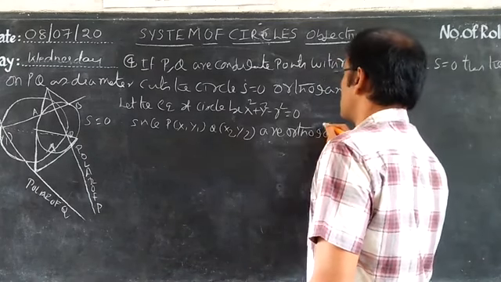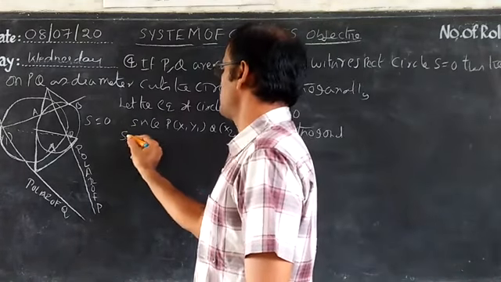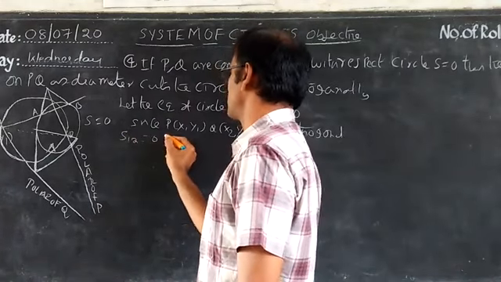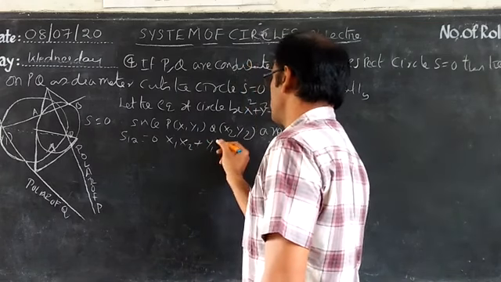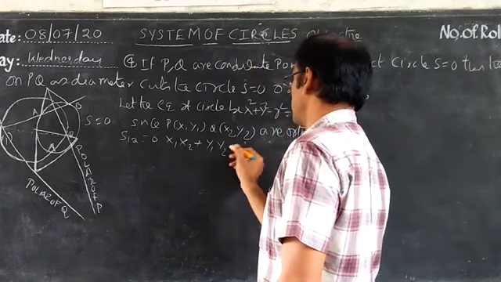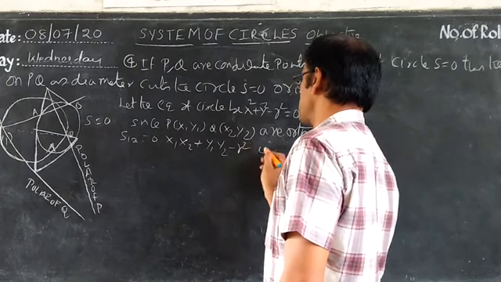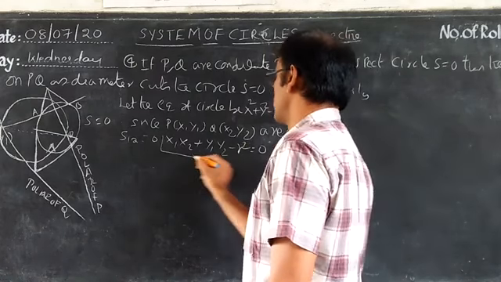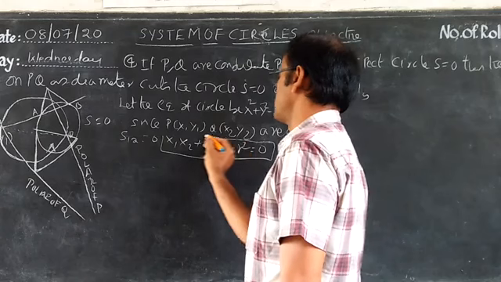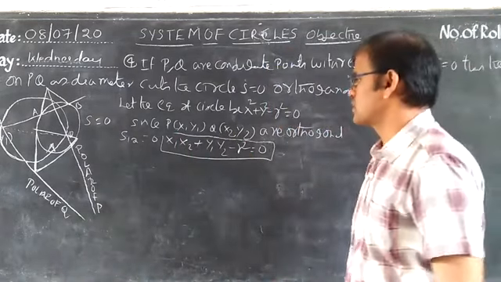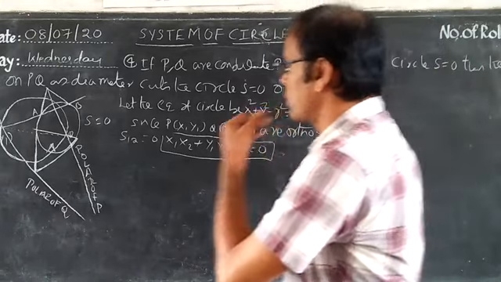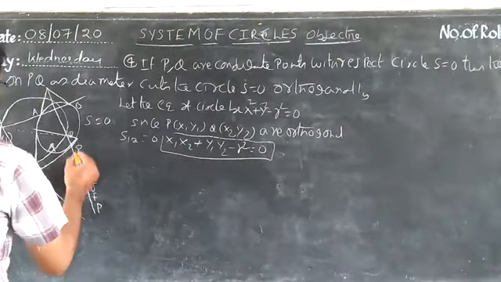Whenever two circles are orthogonal, then the condition is S12 equal to 0. The notation of S12 here is x1 x2 plus y1 y2 minus r square equal to 0, because the two points are conjugate. Now what is happening here?